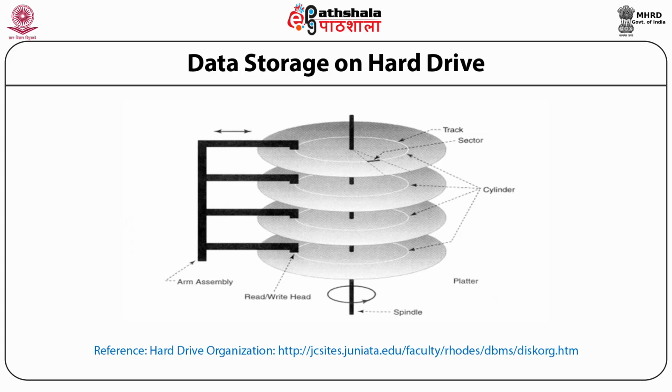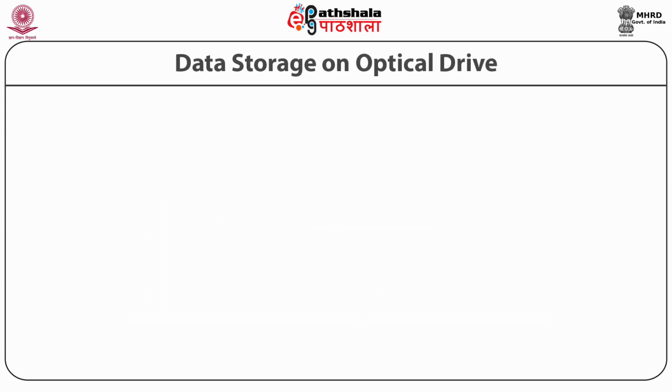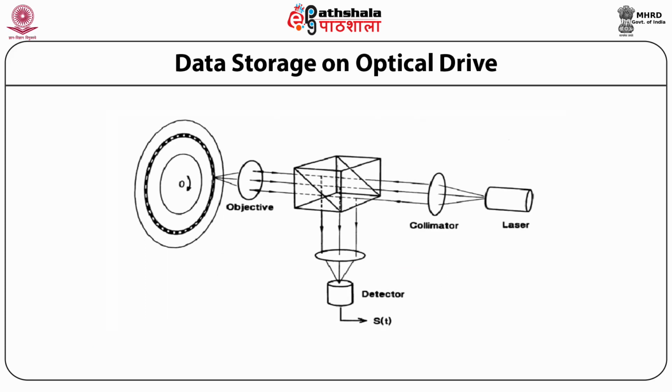Then each disk has one dedicated read and write head through which the data is written on the disk. So any data which has to be written on the disk has to be done through the dedicated read and write head.